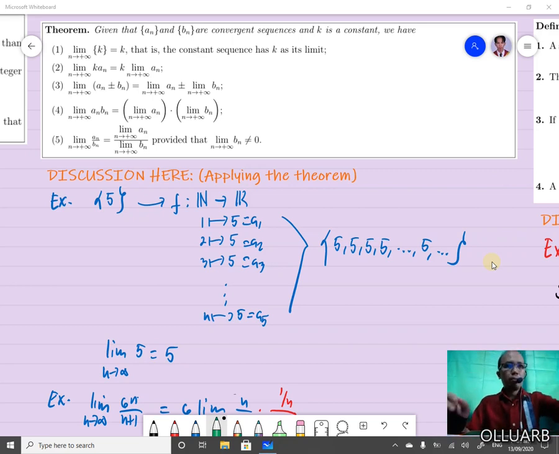For example, this one, I wrote it as a sub 5, but this is a sub n. So I have to erase this one, and then I will write it as a sub n. That's only the minor correction.